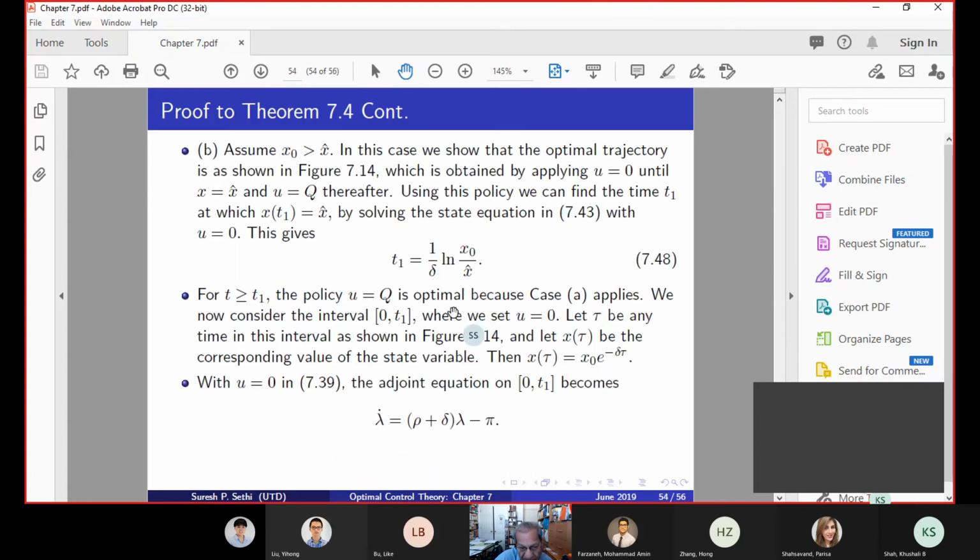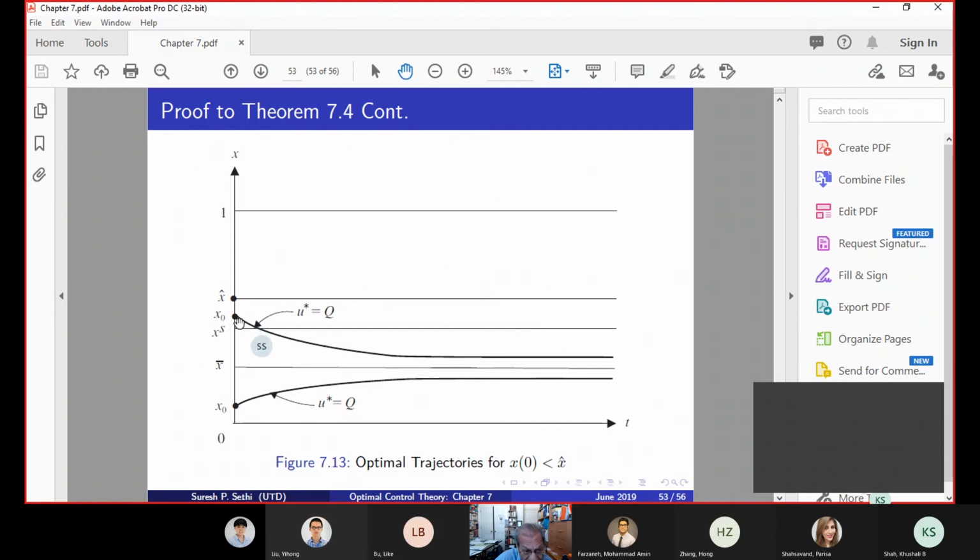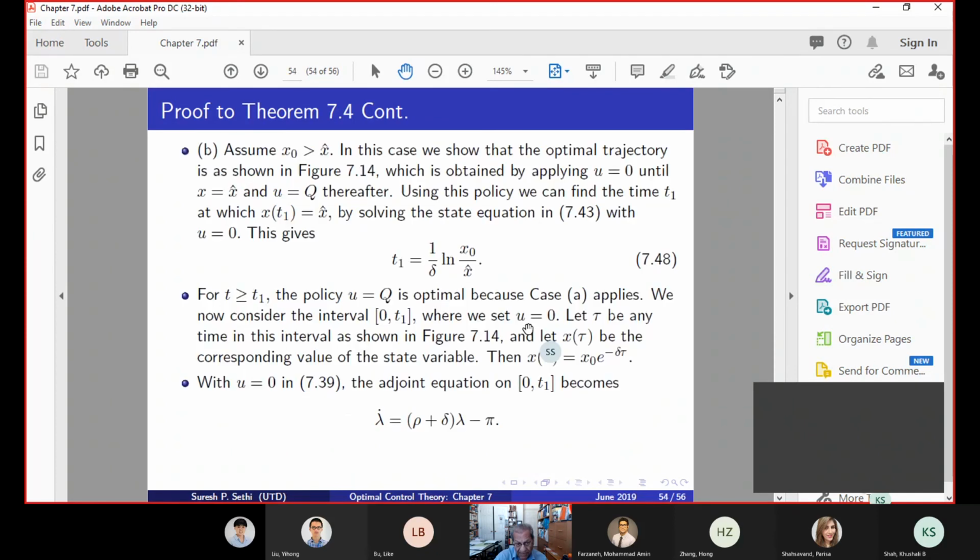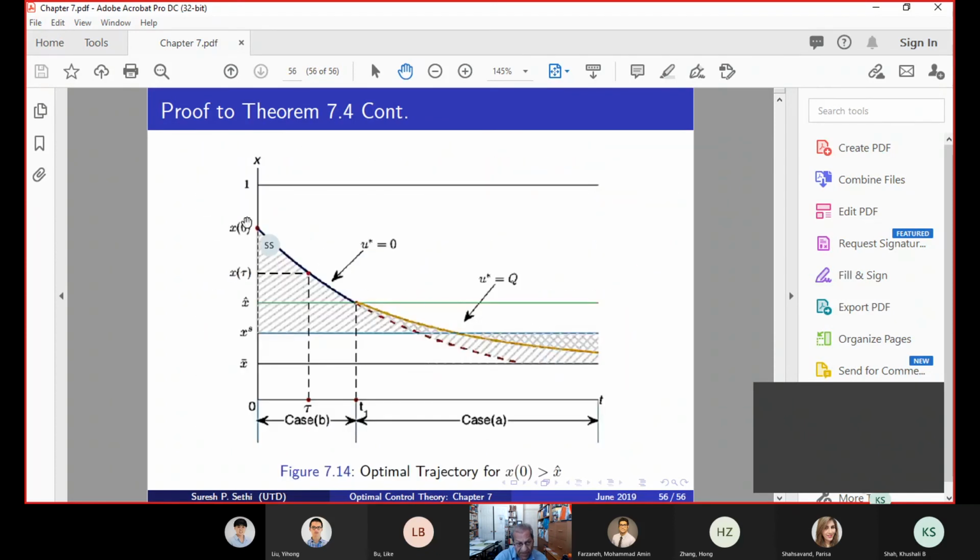What the intermediate step is this: if X0 is not too far, then this is fine. And that's exactly what's happening here. If X0 was X hat or below, I don't need this 0 portion. If X0 is too large, I want to quickly get somehow in the beginning to some level.